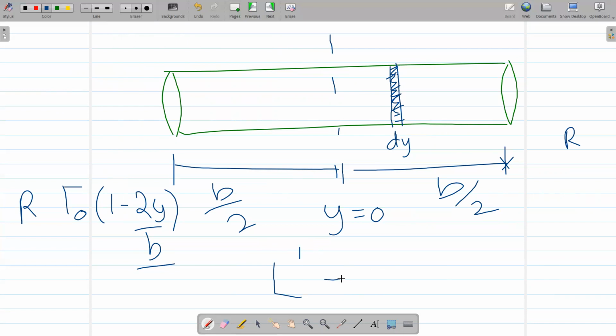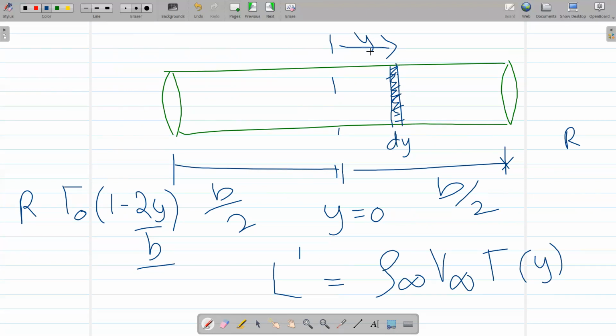So the lift per unit length is nothing but rho infinity, v infinity, and gamma at the location where my strip is. Now that is for a given airfoil section. If I want to find the total lift over this small strip dy, I would need to multiply this lift with dy.